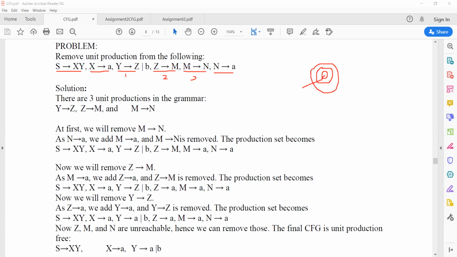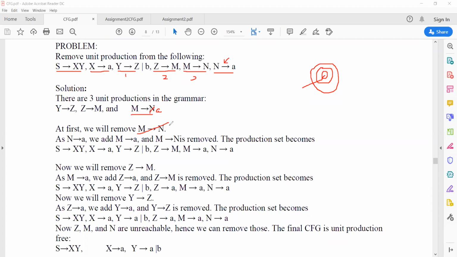Look at the third one, M produces N. M produces N is a unit production, and you can see there also exists N produces A, so a non-terminal produces a terminal. So you can replace the N by A. It becomes M produces A, and you can remove M produces N from the grammar.